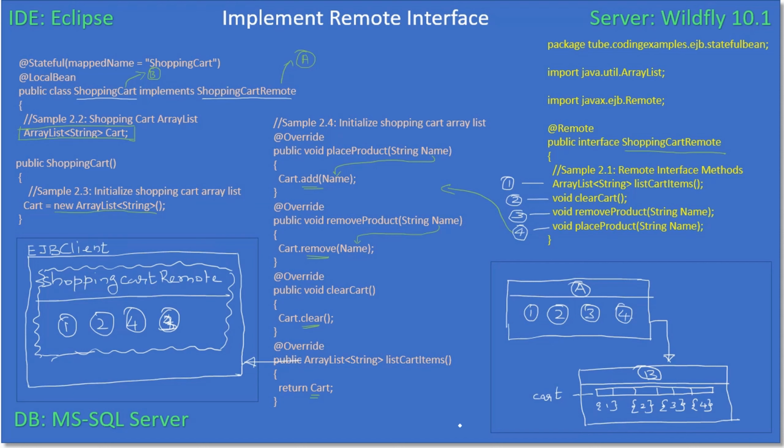The external world will make a call to this remote interface and thereby access the functionality implementation. So the external world only knows this remote interface. It doesn't know how it was implemented or what the implementation class is.